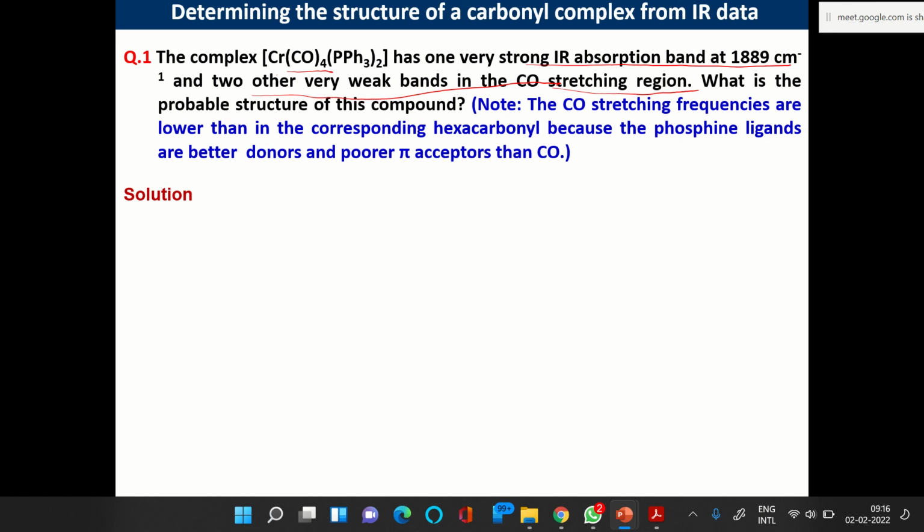Here, one thing you should understand: CO stretching frequencies are lower because PPh3 is a good sigma donor and a poor pi acceptor.